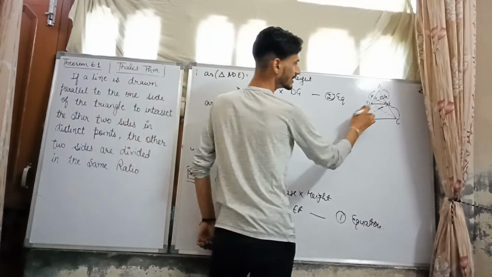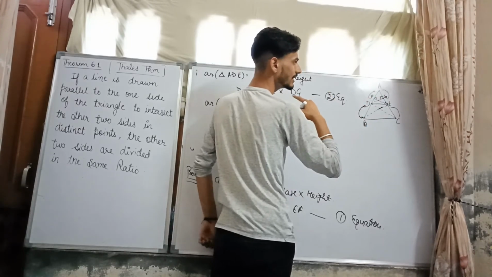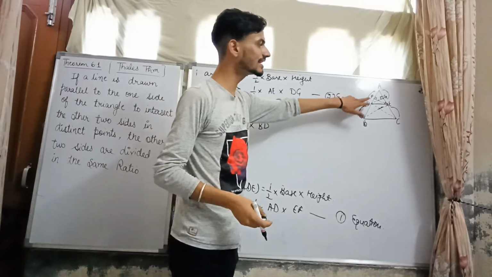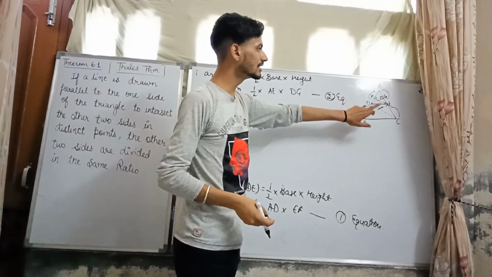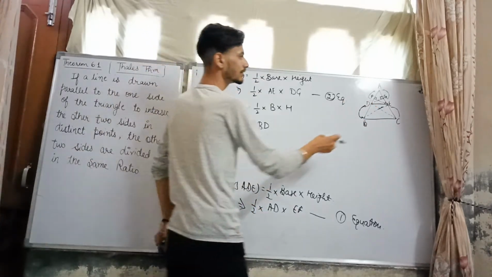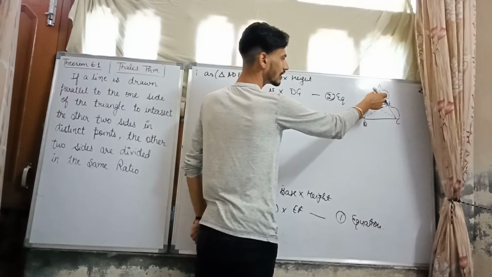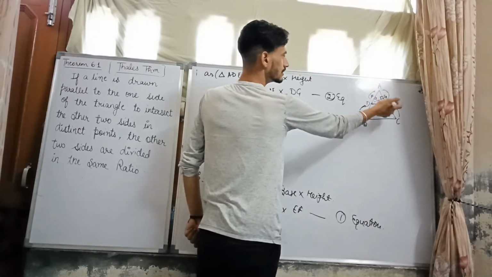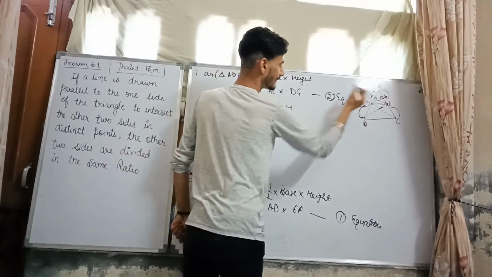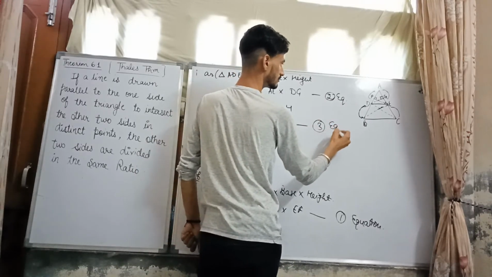In the case of an obtuse triangle, as I already explained in the previous video, we extend the line of the base and then make the perpendicular to that point. So let us extend this base and take the perpendicular as EF. This is the third equation.